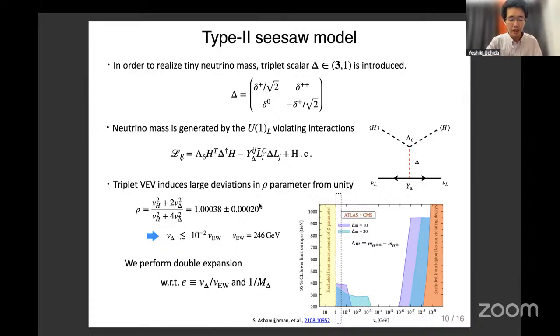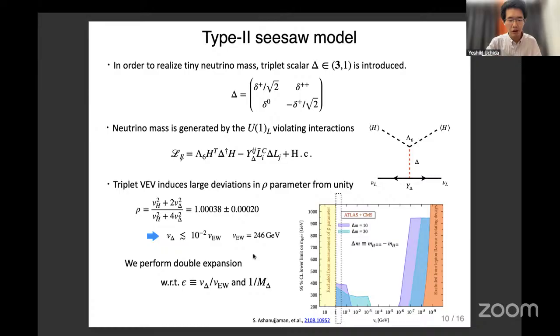And as I mentioned before, the triplet vev must be very small compared to the electroweak scale in order to avoid the rho parameter constraint. And this is the status of the doubly charged Higgs boson mass. Because we assume the small vev, it corresponds to this region, and basically the doubly charged Higgs boson mass is larger than around 400 GeV.